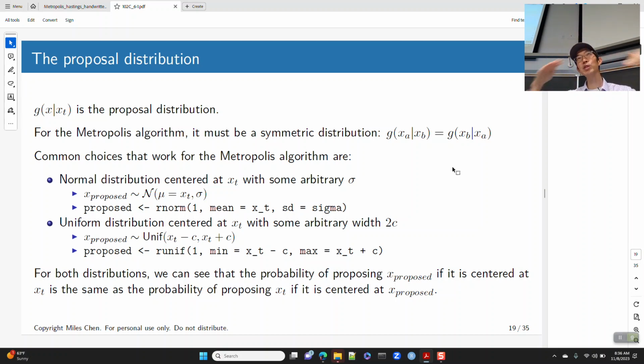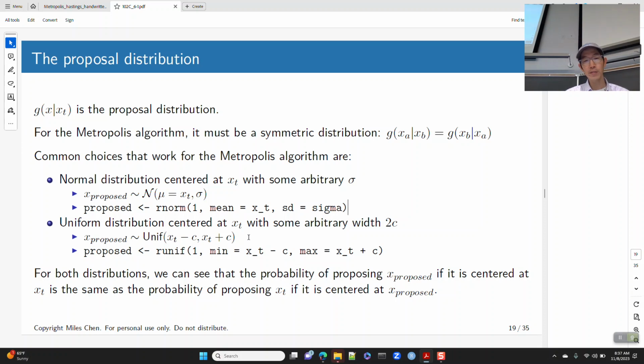You're going to ask R to generate a random value from this normal distribution where the mean is 4. So maybe you will propose 4.7 or 3.2. 95% of your proposed values will be between 2 and say 6. 99.7% will be between 1 and 7, plus or minus 3 standard deviations, if your standard deviation is 1. Okay, so your proposed value is going to be rnorm, where the mean is your current location x at time t, and you have some arbitrary sigma. And you can adjust your sigma to be large or small, depending on what it is.